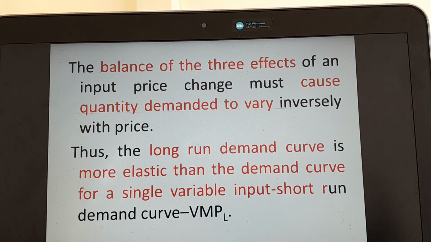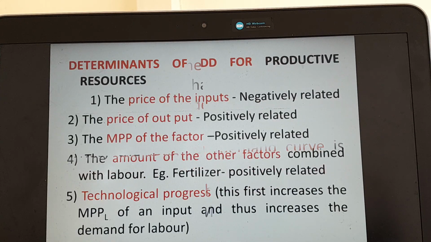In the short run, the demand curve for labor is the value of marginal product, but in the long run, using different or multiple factors of production, it is not the value of marginal product.